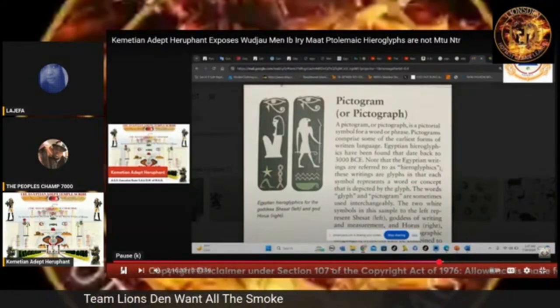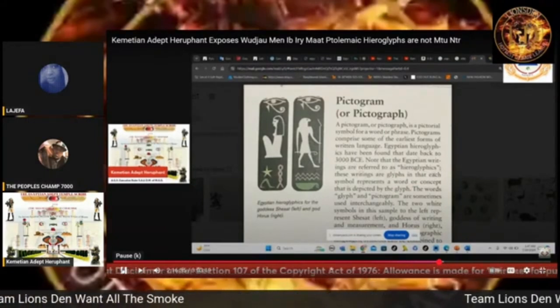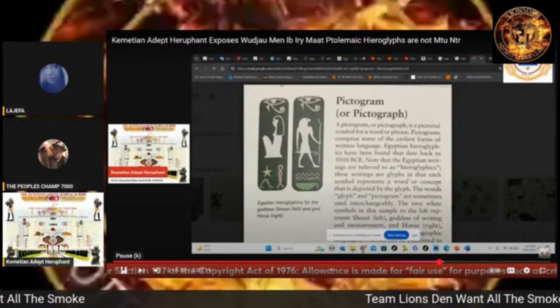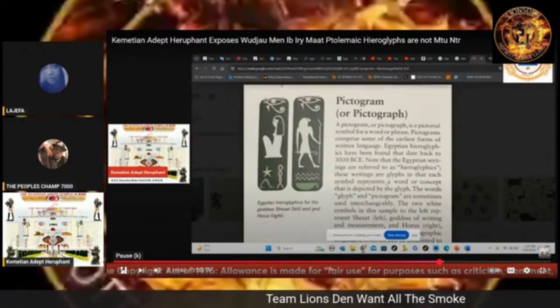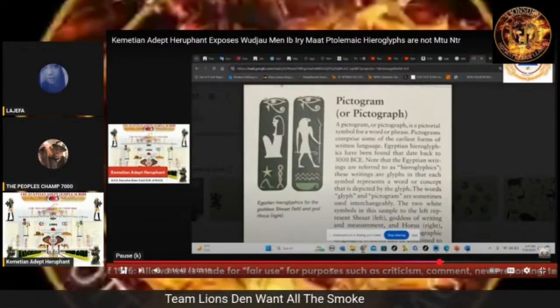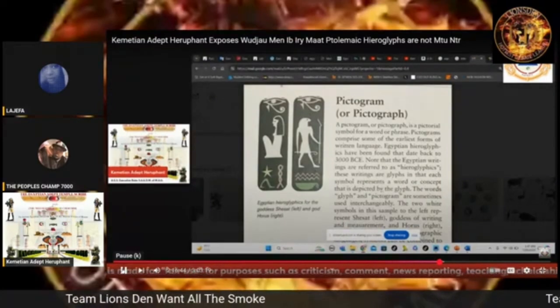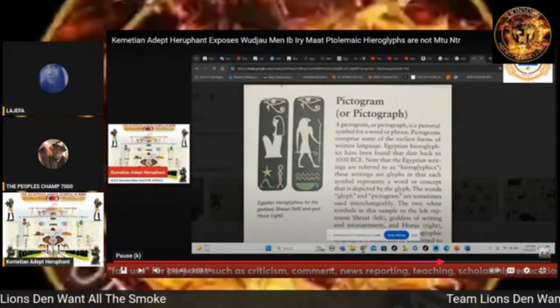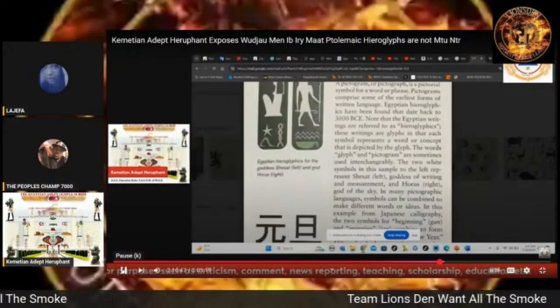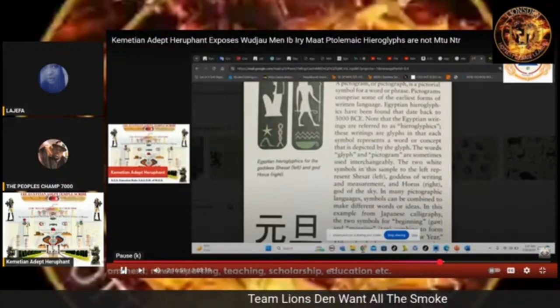Note that the Egyptian writings are referred to as hieroglyphics. These writings are glyphs in that each symbol represents a word or concept that's depicted by the glyph, not a letter, a word. It says the words glyph and pictogram are sometimes used interchangeably.